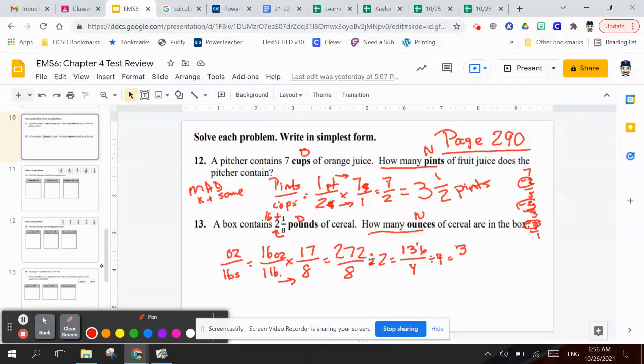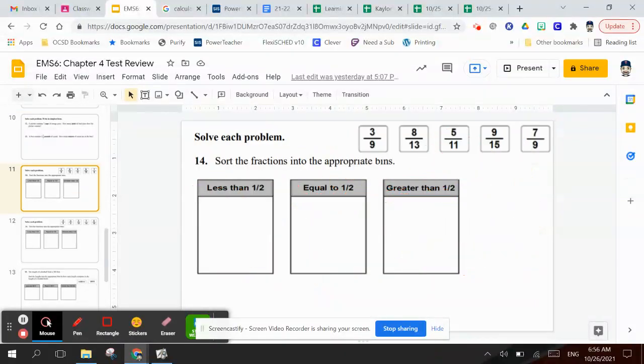That's 12 with 1 left over. 4 goes into 16 4 times. 4 divided by 4 is 1. So I get 34 over 1, which is 34 ounces. So make sure you change 2 1/8 to an improper fraction before you multiply.